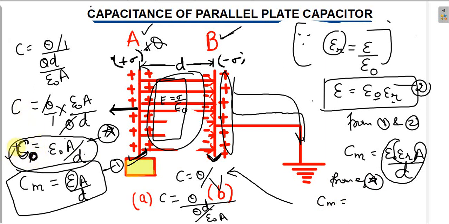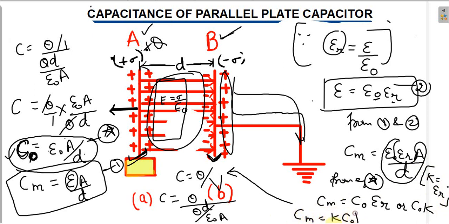So in that case, epsilon naught A by d is equal to C naught. And you are left with the relative permittivity. Or you can give it the symbol K, because K is the dielectric constant and this relative permittivity, both are the same. So in some books you will get Cm is equal to K times C naught.